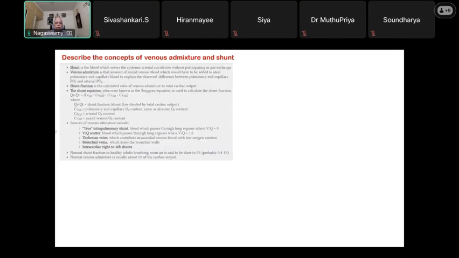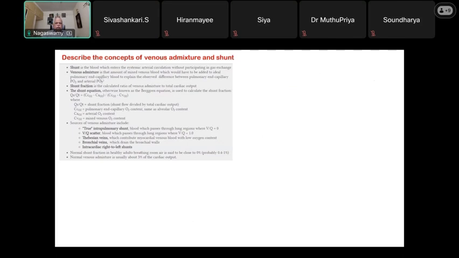Okay? Shunt is the blood which enters systemic arterial circulation without participation in gas exchange. Whereas venous admixture is the amount of mixed venous blood which would have to be added to ideal pulmonary end capillary blood to explain the observed difference between the pulmonary end capillary oxygenation and arterial oxygenation.